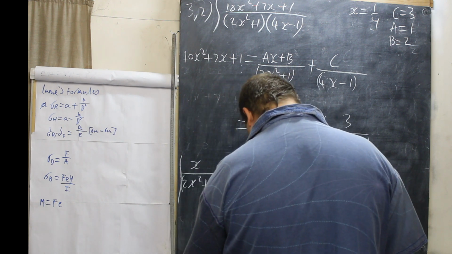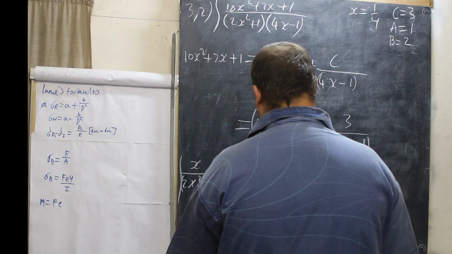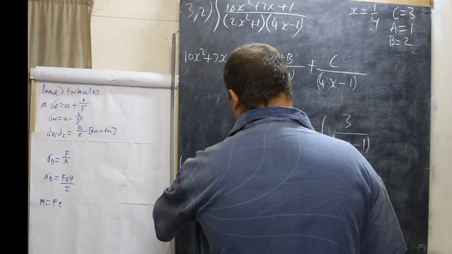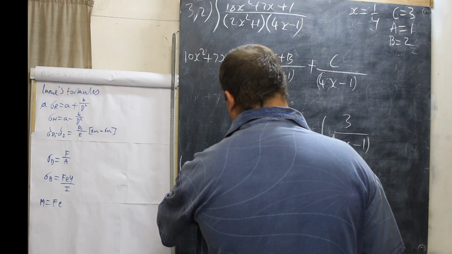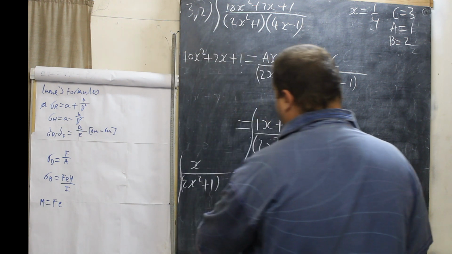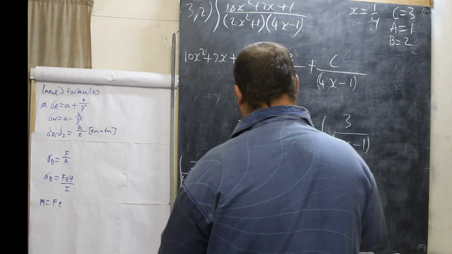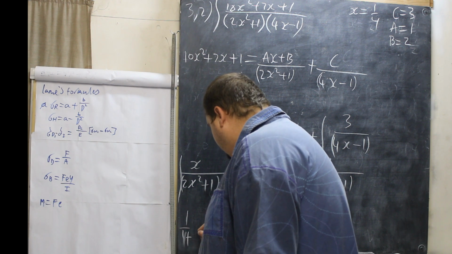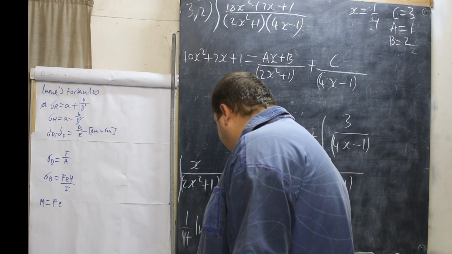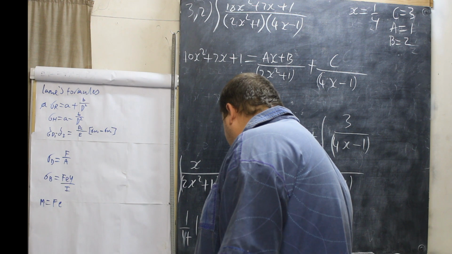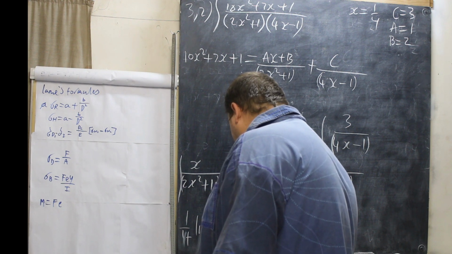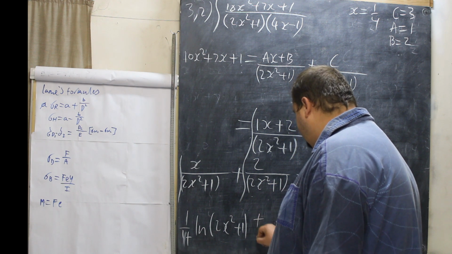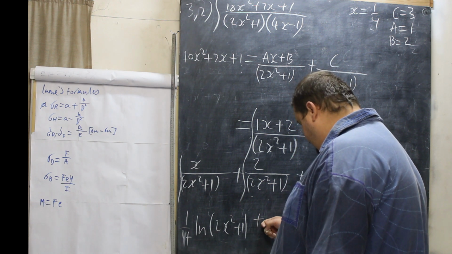Now what we have here is what our answer will be. Now this is x and x, it's an x squared, so this will take it to a quarter ln of 2x squared plus 1, and this takes it to 2.